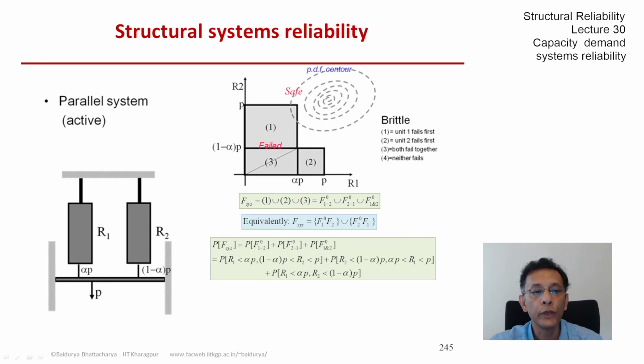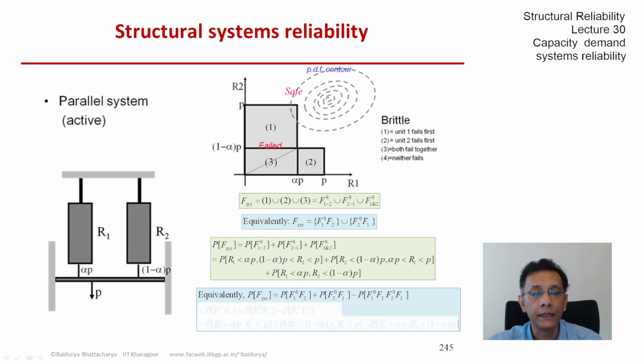As I said, we could also equivalently define system failure as the union of 2 intersecting sets, and in the end we are going to get the same answer. So we express F as P of F01 F2 plus P of F02 F1 minus the probability of the intersection.